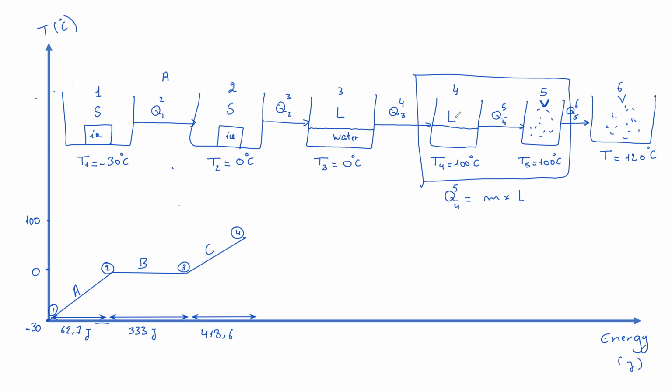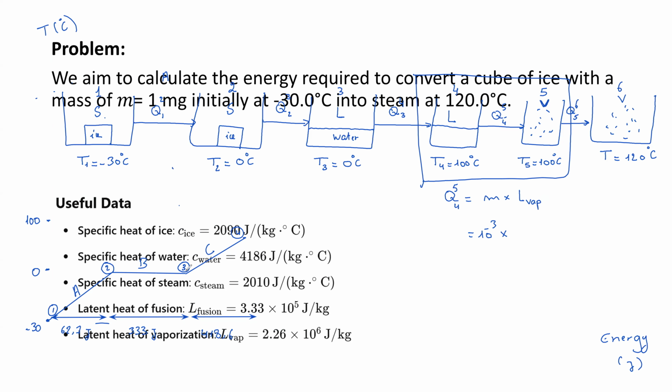As we pass from liquid to vapor, we use L vap equals to 10 minus 3 times L vap, a given value equals to 2.26 times 10 power 6.